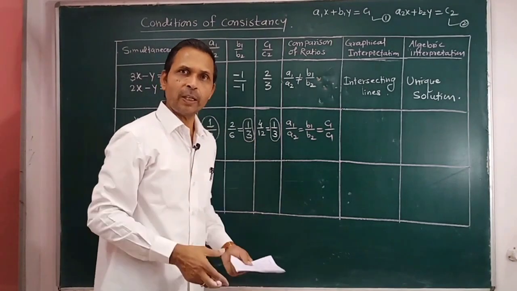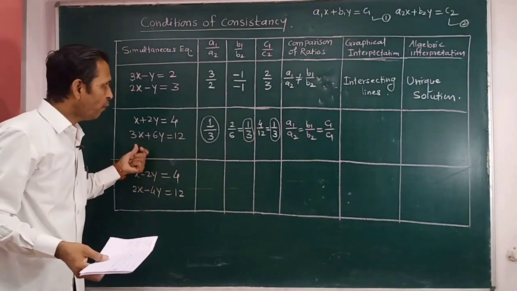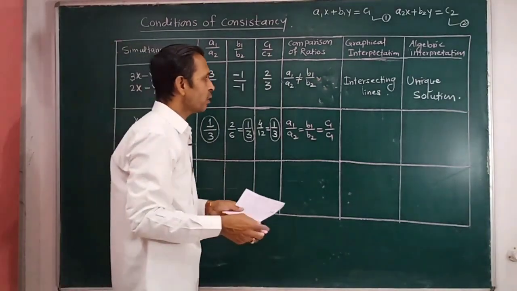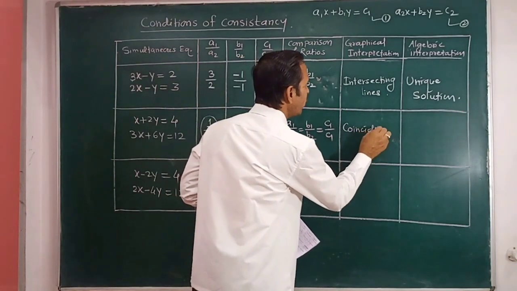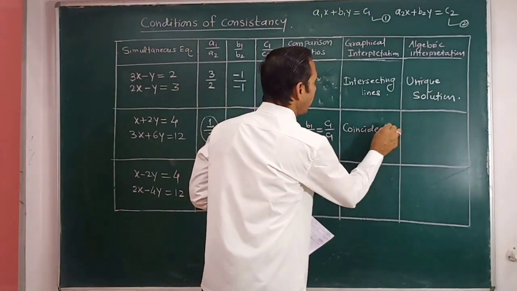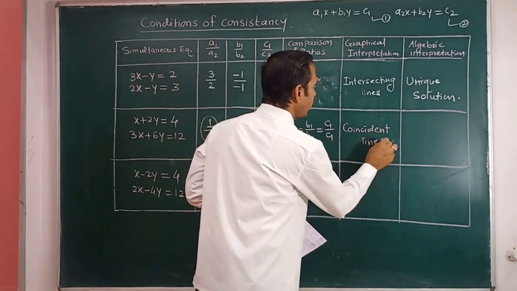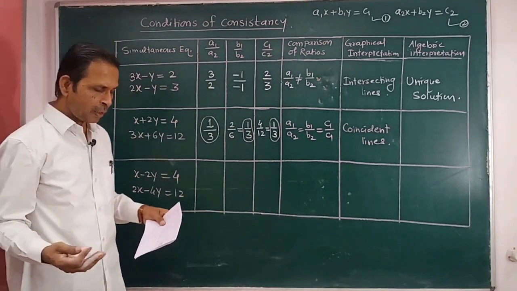and when the three ratios are equal, what is the graphical interpretation? We already drew the graph. The graph of such equations coincides, or the lines coincide with each other. These are coincident lines. And what is the algebraic interpretation?